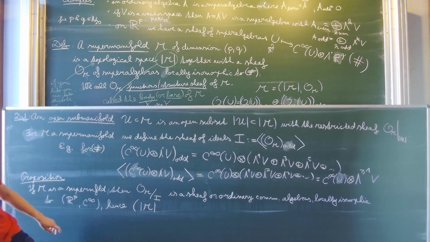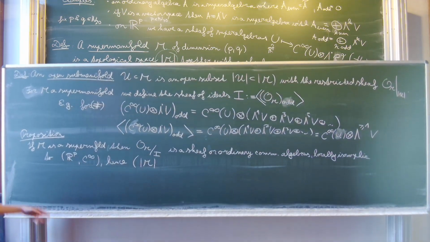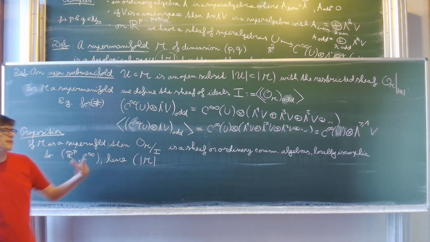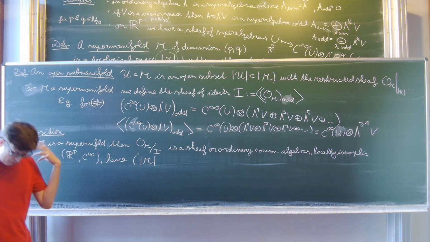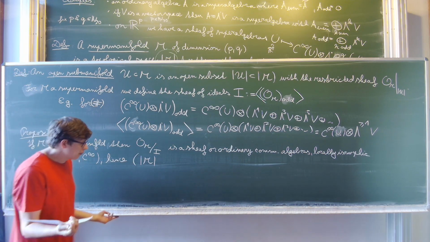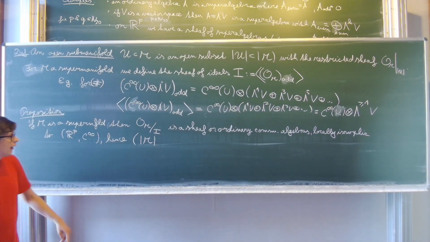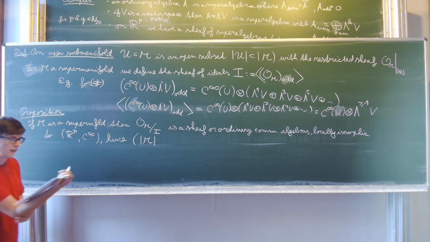Okay, so now we started with a supermanifold, and we know that if you take a quotient, then you get some simpler sheaf. It's over the same body, the body of the supermanifold, but it's locally isomorphic to this model. And if you think about it, that's morally what a manifold is: something that locally looks like this flat model.